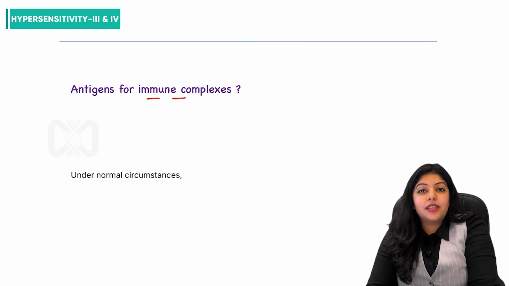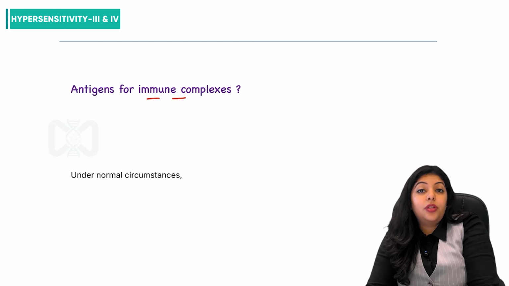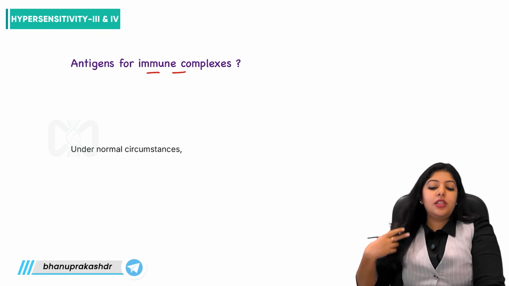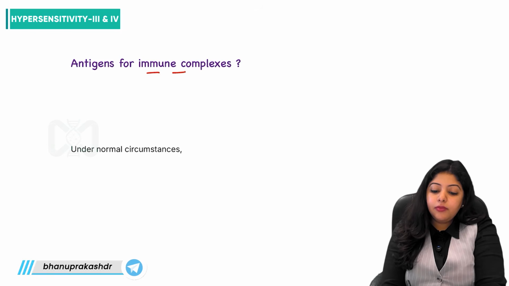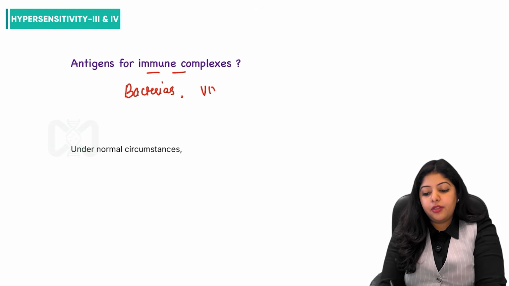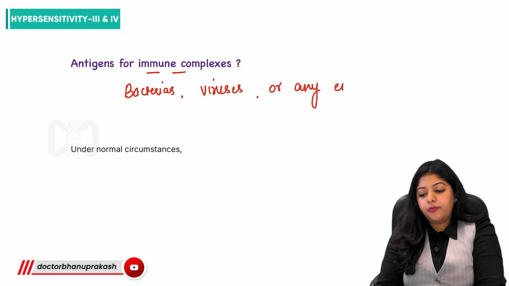These can be bacteria, viruses, or any endogenous DNAs, exogenous or endogenous antigens, which are acting as foreign bodies, or will be associated with immune responses or exaggerated immune responses, as we say.